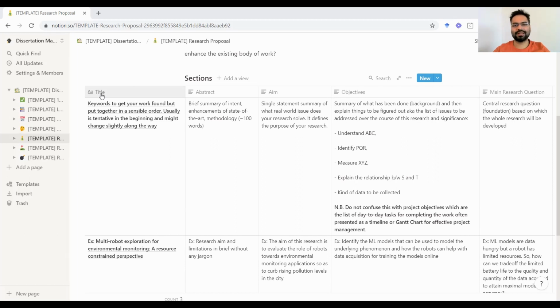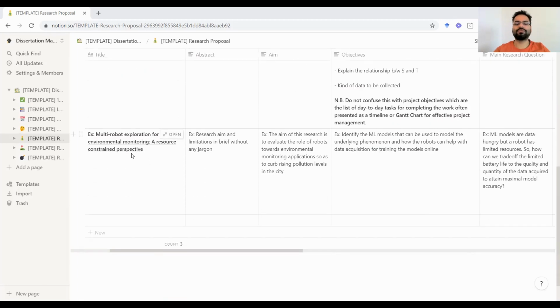And this necessarily would not be the final title, as I said. It would change as the research progresses, but oftentimes it doesn't change drastically. It just gets polished over time. So for example, for my thesis, the title was Multi-Robot Exploration for Environment Monitoring, a Resource-Constrained Perspective. This is not the title I started with, but this is the title I finished with, right?